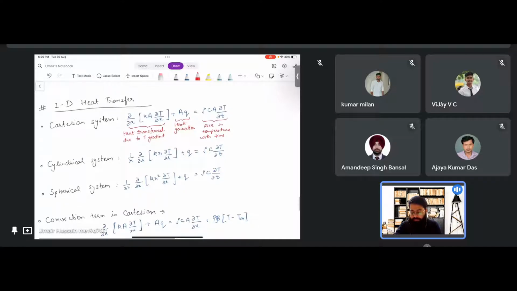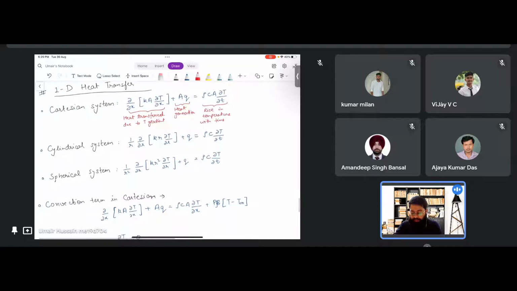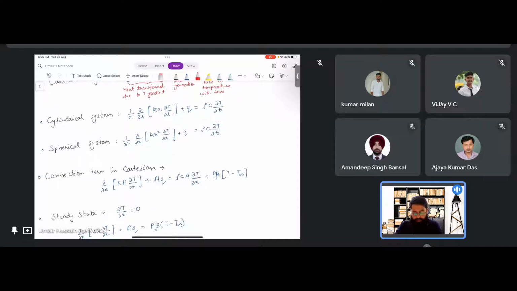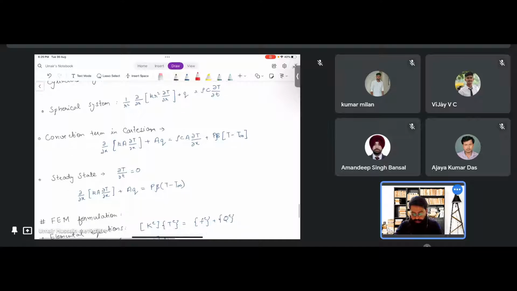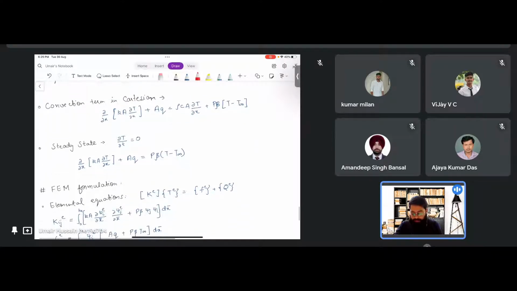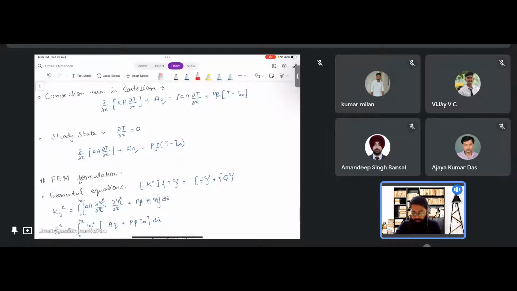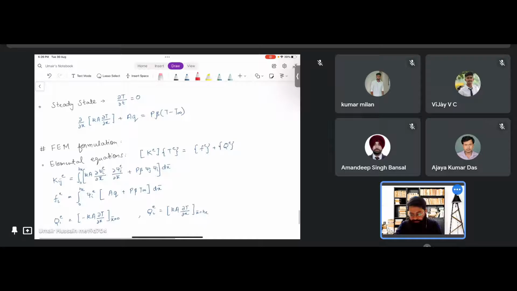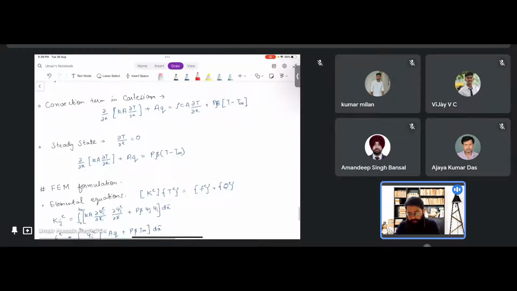We studied it for the Cartesian system, cylindrical system, and spherical system, and then we even studied the convection term for this. For steady state, we'll have an equation where we won't have the time derivative term. And again, after getting the steady state equation, there's nothing unique about it. We have seen these equations before.